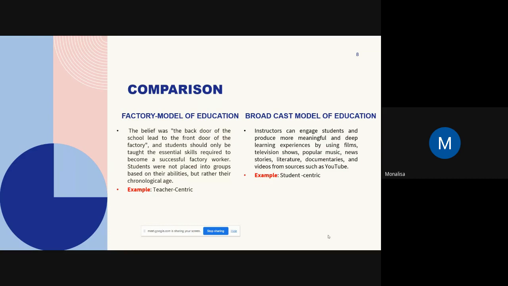In the factory model there is a limitation of the potentiality of many students. In simple words you can say ICT just transformed the factory model of education, which is teacher centric education, to student centered, where students collaboratively explore their potentiality. In teacher centric education, what is that? The teacher is the main focus. Whatever the teacher says, learners learn.